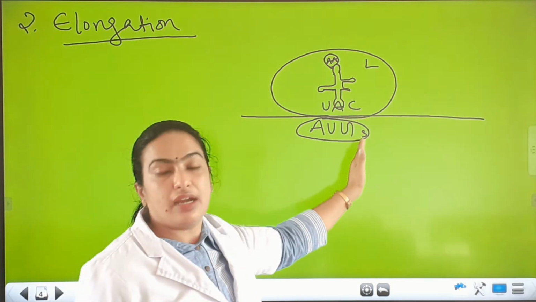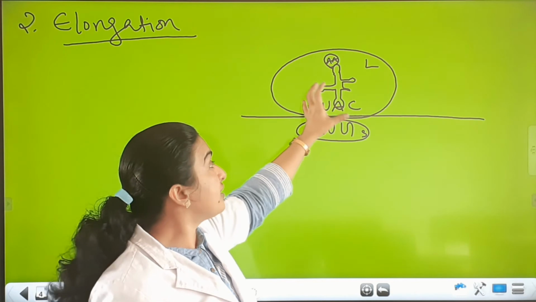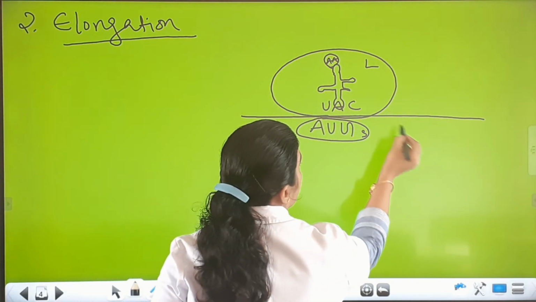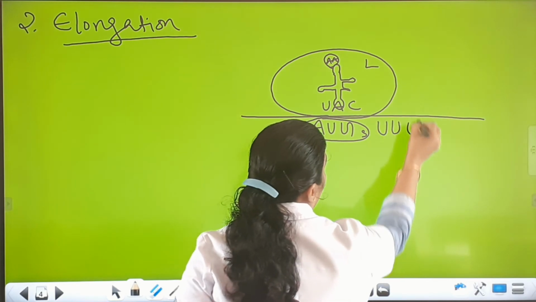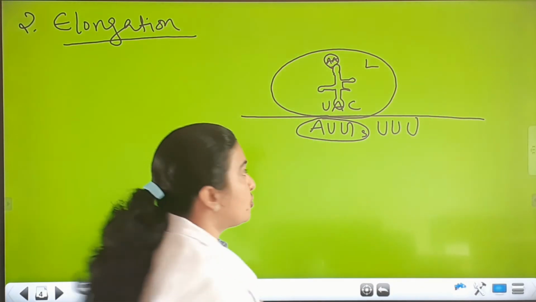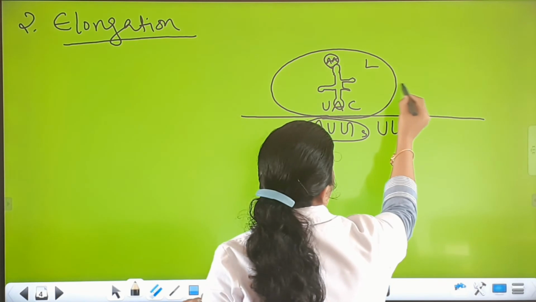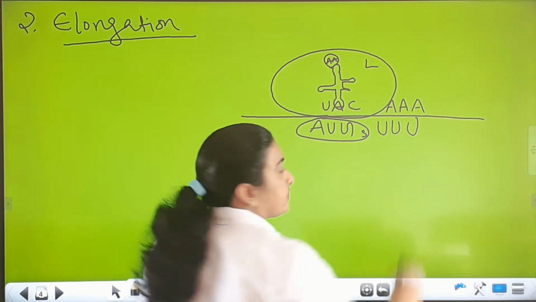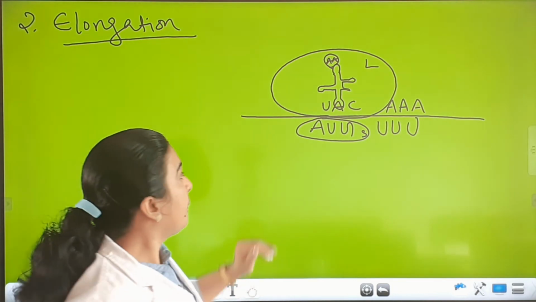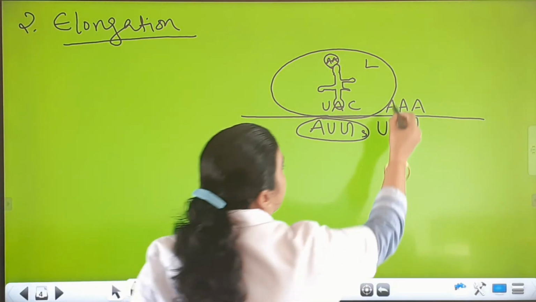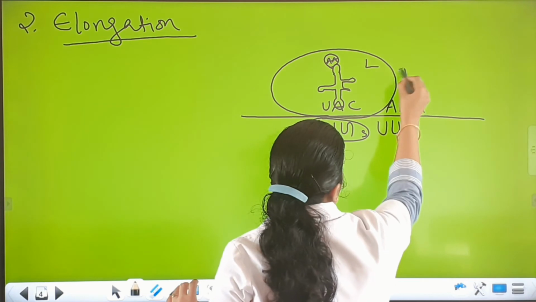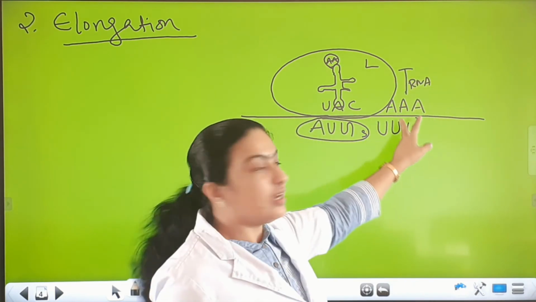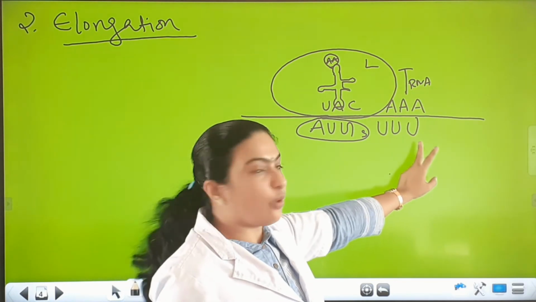So here elongation means the second amino acid, or second charged tRNA, binds with the next codon, suppose this is the next codon, U, and the charged tRNA has A. So the next charged tRNA binds with the next codon of mRNA.